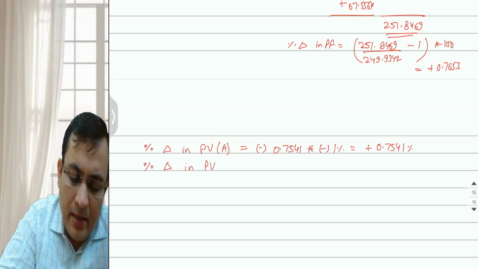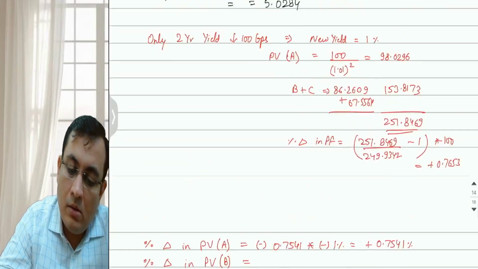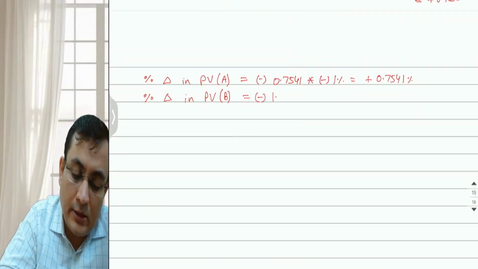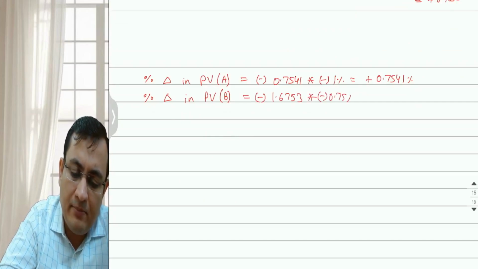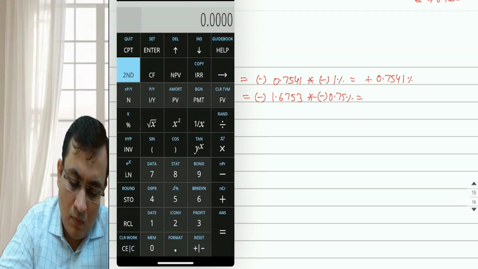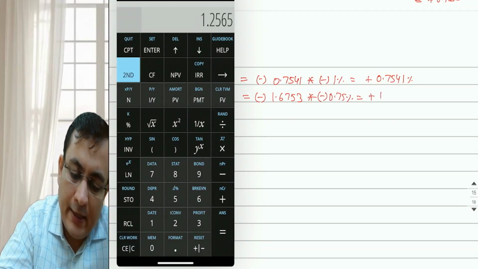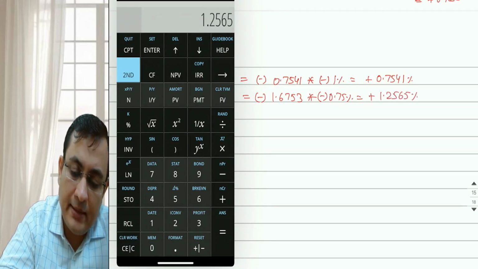In PV of B, negative 1.6753 multiplied by down by 0.75%, positive 1.2565%.